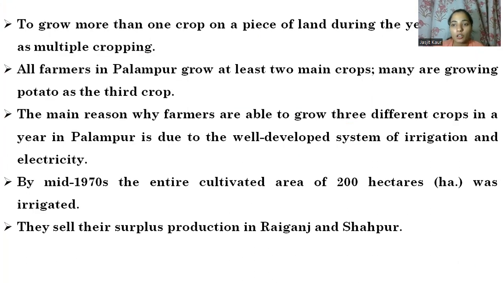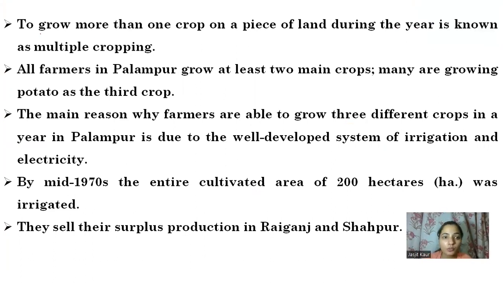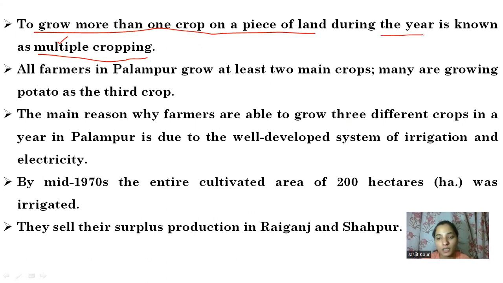In village Palampur, first, they are doing the multi-cropping system. So what is multi-cropping? As the name itself suggests, growing more than one crop on a piece of land during the year is known as multi-cropping.